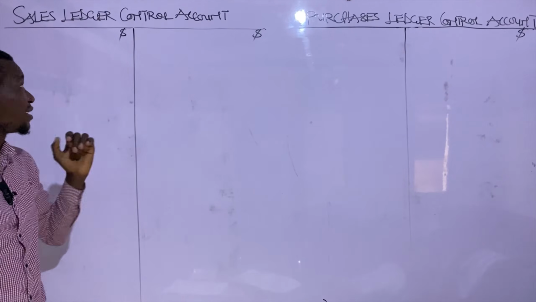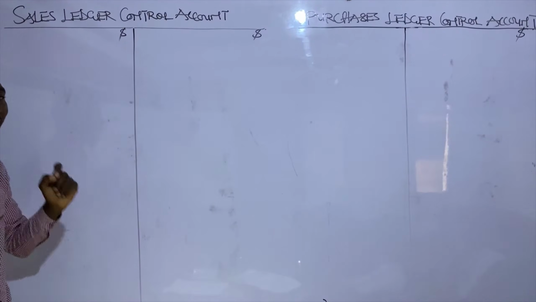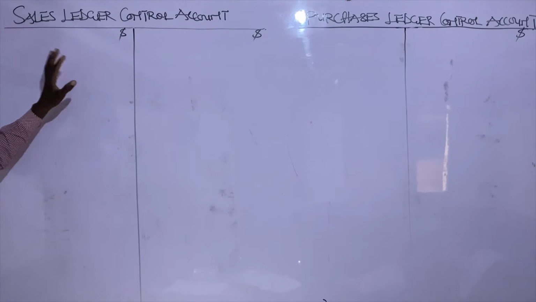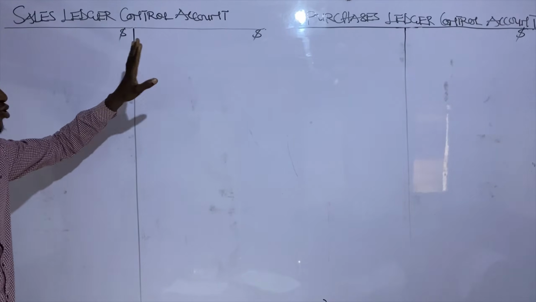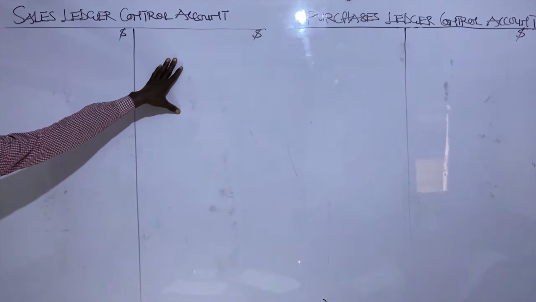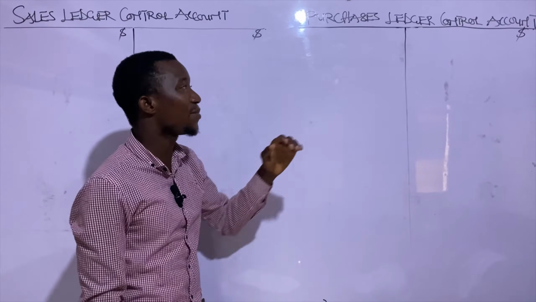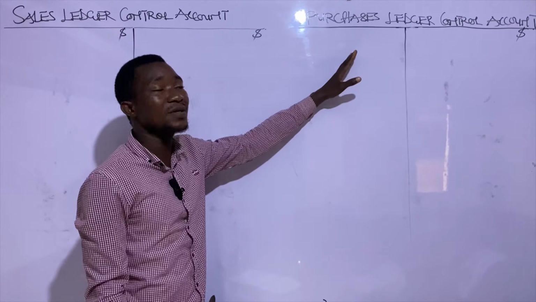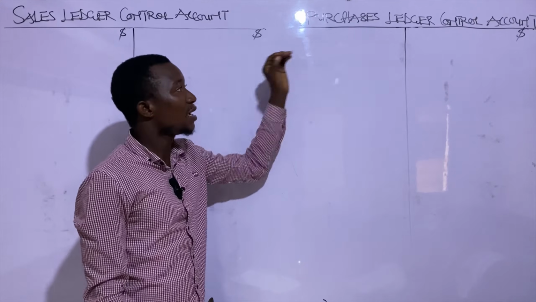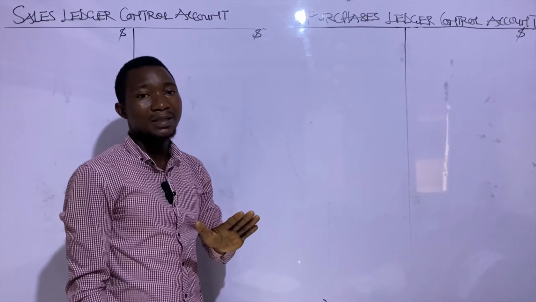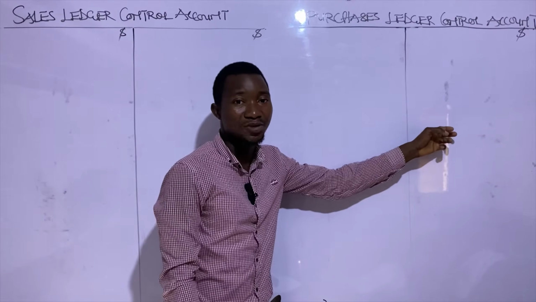This means that any item or entry that's supposed to be debited to debtors account should be debited to sales ledger control account. Any item that's supposed to be credited to debtors account should be credited to sales ledger control account. The same way, any item that's supposed to be debited to creditors account should be debited to purchases ledger account. And any item that's supposed to be credited to the creditors account should be credited to this account.